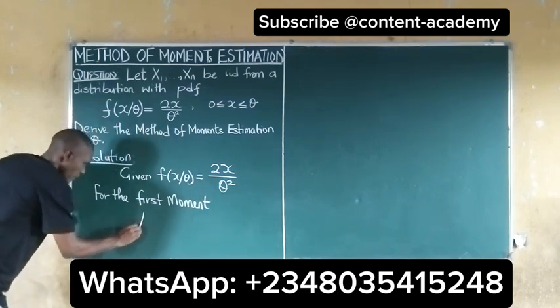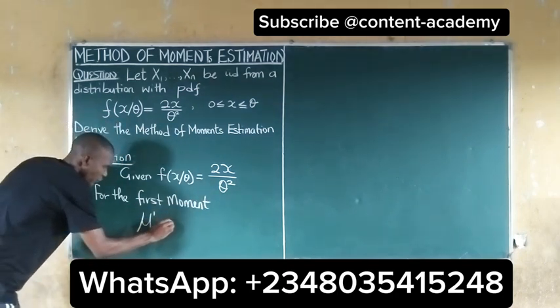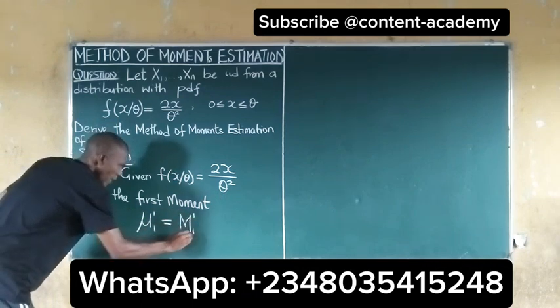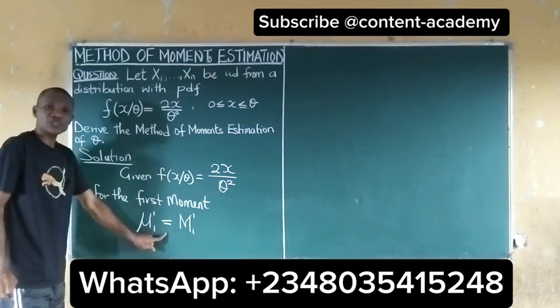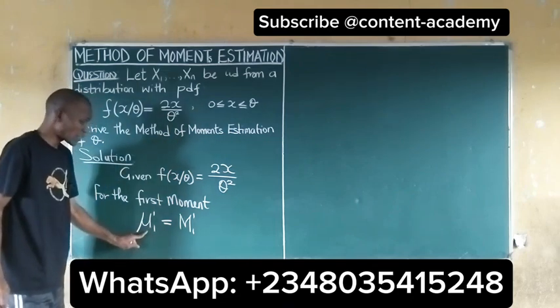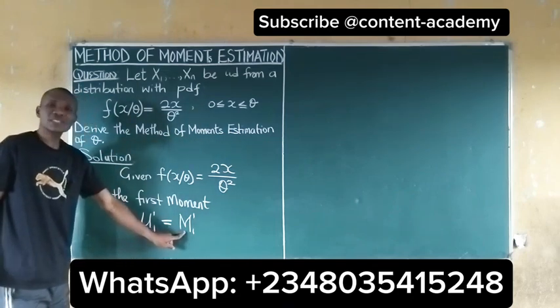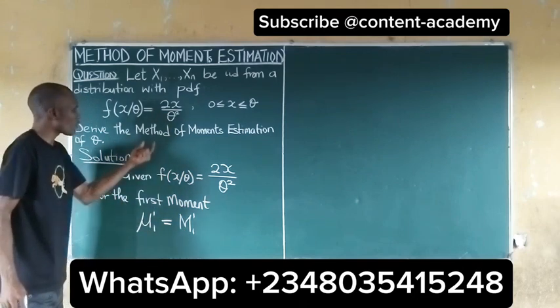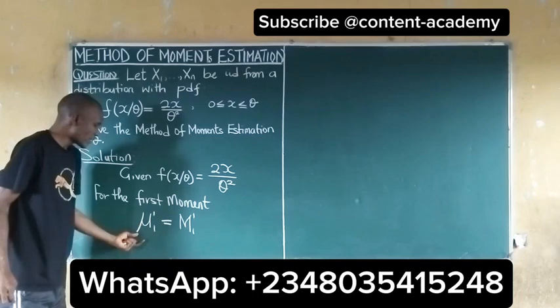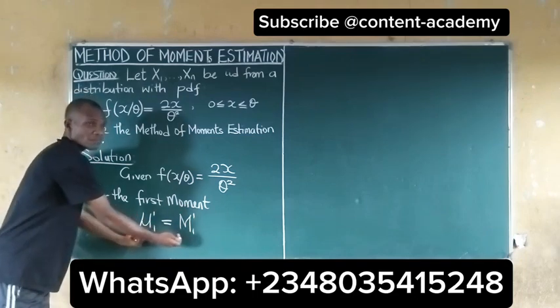For the first moment, our population mean is equal to our sample mean. What is the population mean and what is the sample mean? To get the solution for the method of moments, we need to equate these two things.